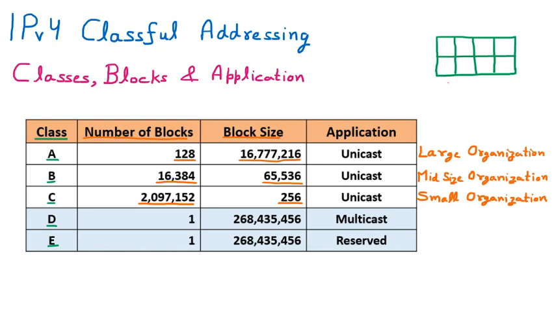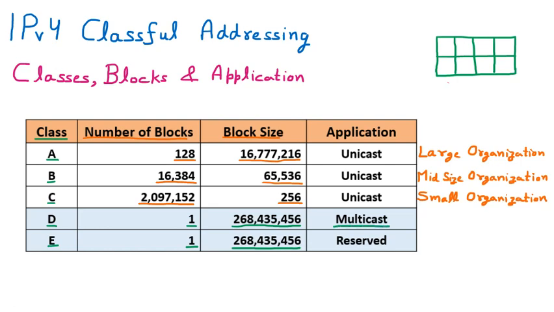Now we are talking about class D. There we have only one block. If one block is there, meaning we have the complete space, then obviously the block size is very high. Similarly, in class E also we have one block, so the block size is very high. Now, class D and class E, these classes we do not use. Class D is used for multicast.